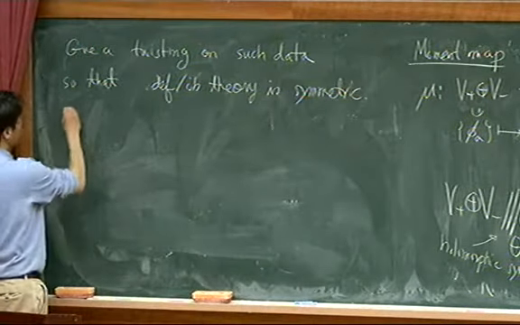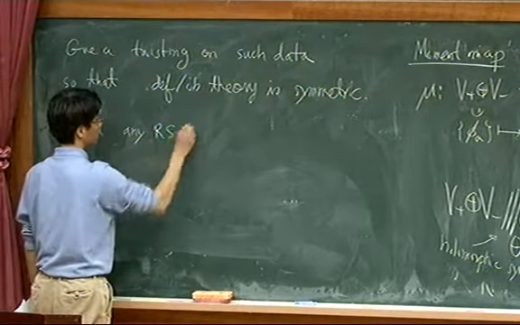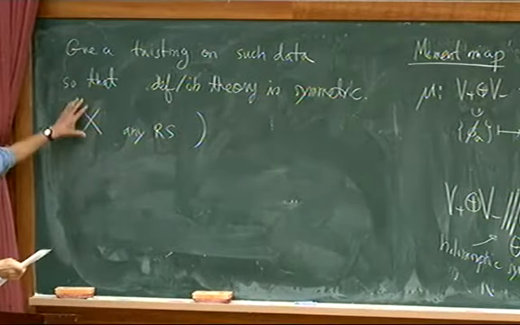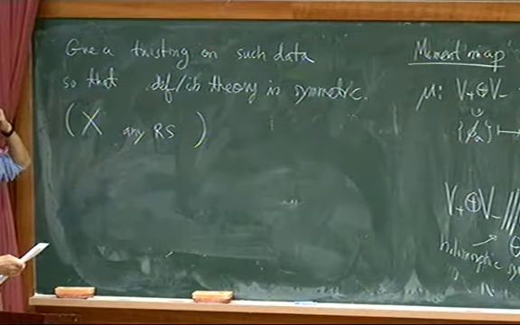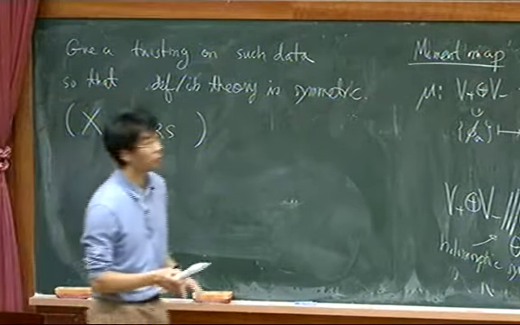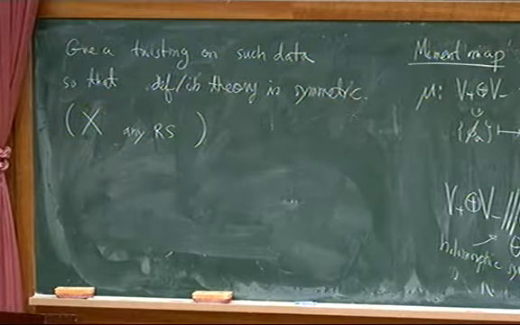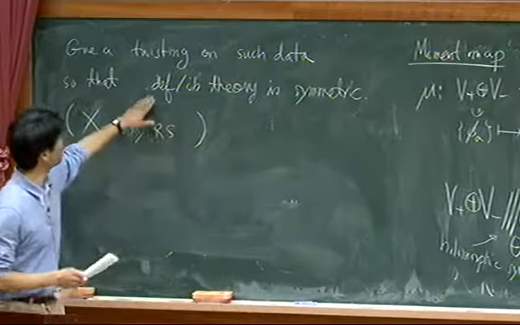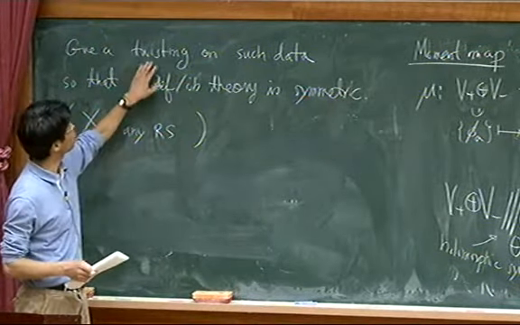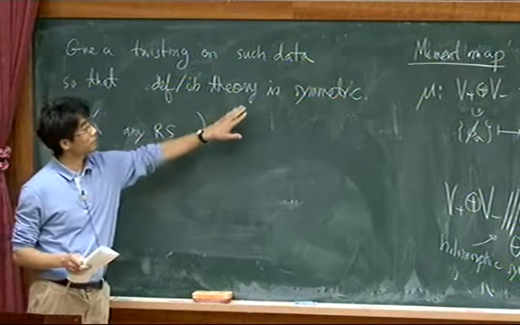From now on, X will be any Riemann surface, not necessarily an elliptic curve, so that it might have a non-trivial canonical line bundle. According to that canonical line bundle, we like to twist some of the bundle homomorphism data, such that the deformation obstruction theory for such twisted collections is still symmetric.